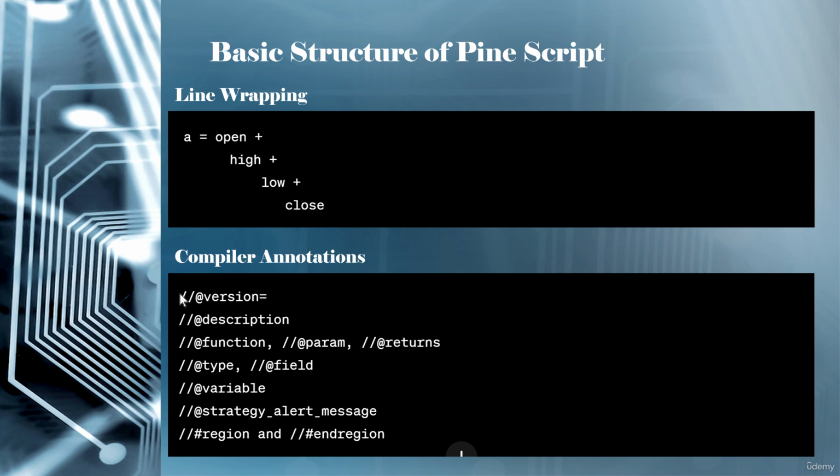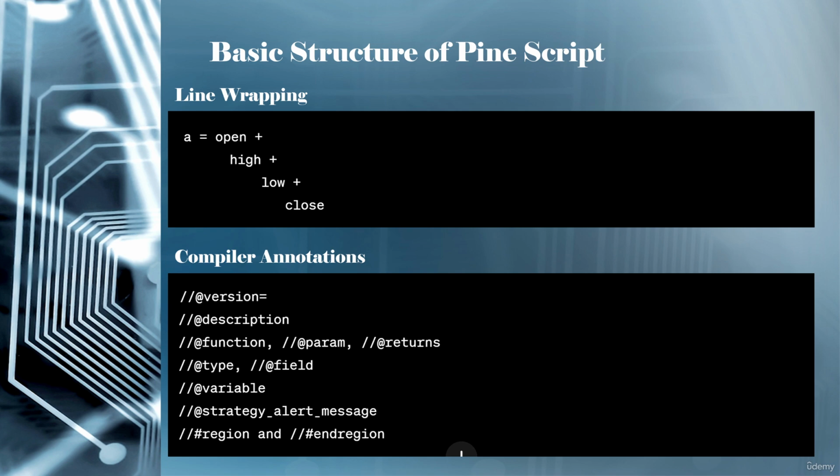In these examples we see the compiler annotation version that we're familiar with already, a compiler annotation description, and compiler annotation, for example, region, the beginning of the region and the end of the region.